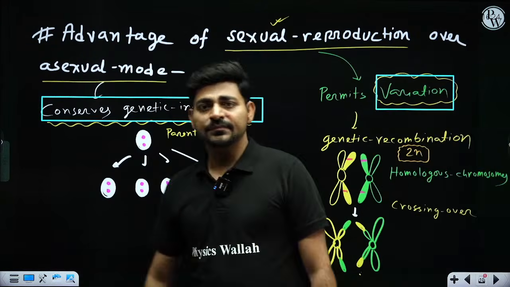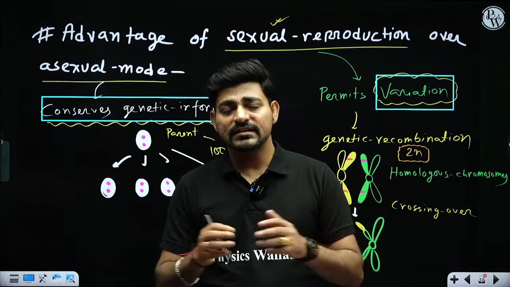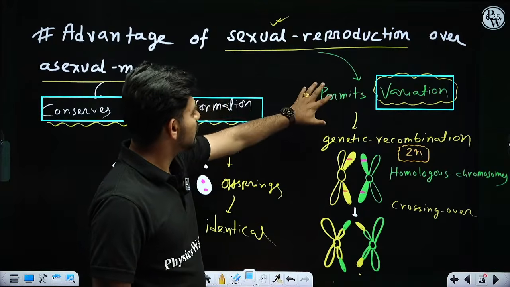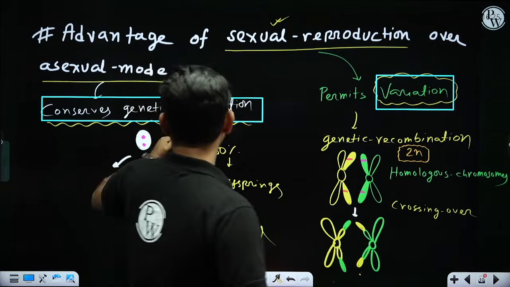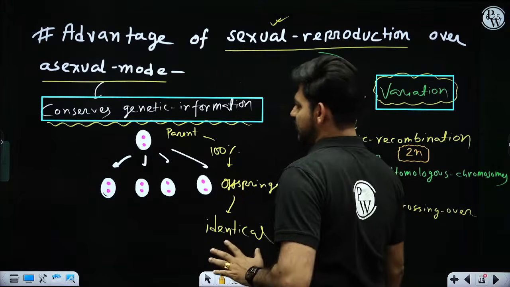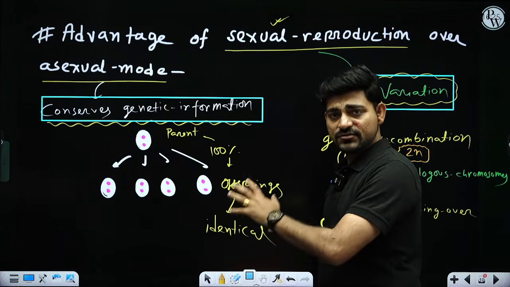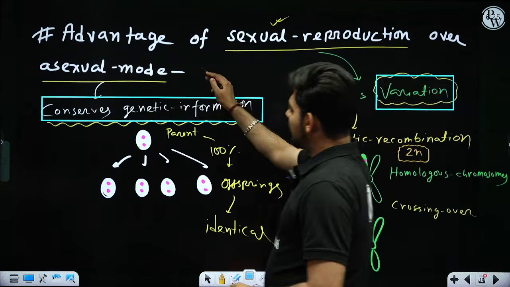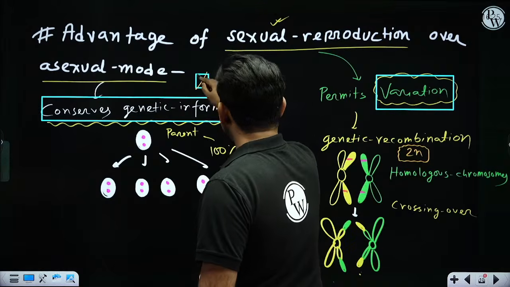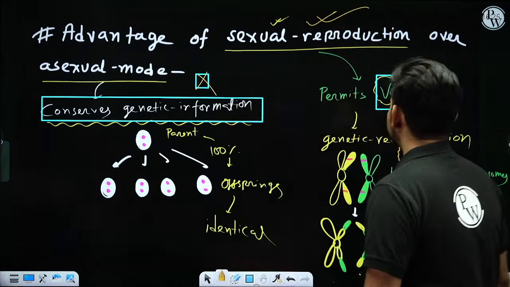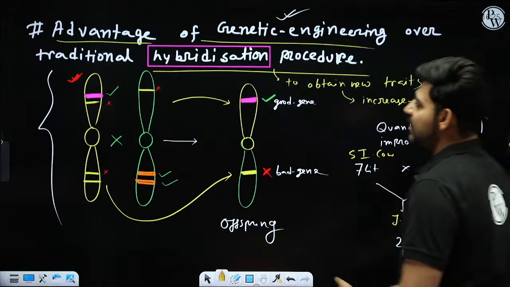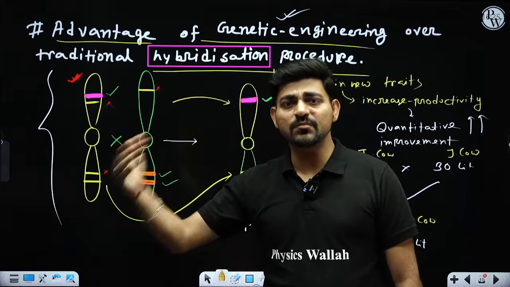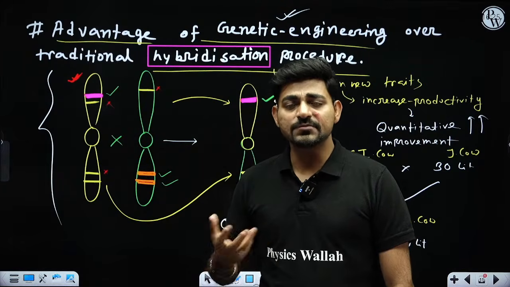That's the reason different varieties or hybridization are possible by following the sexual mode of reproduction, whereas if you follow the asexual mode of reproduction, identical twins will be produced as the progeny. So obviously we will omit asexual reproduction and go with sexual reproduction. Now again we were debating that even biotechnology surpasses the sexual mode of reproduction in terms of effectiveness.